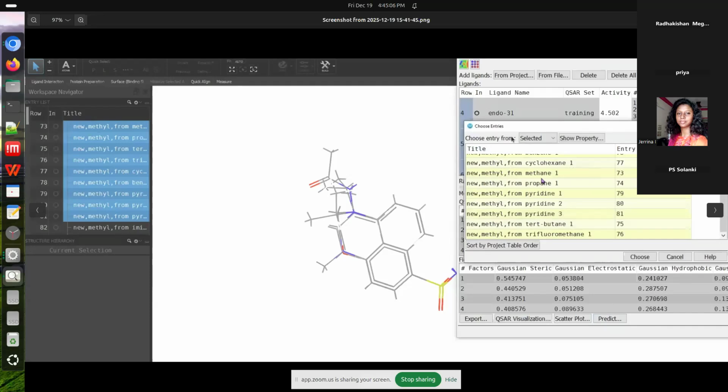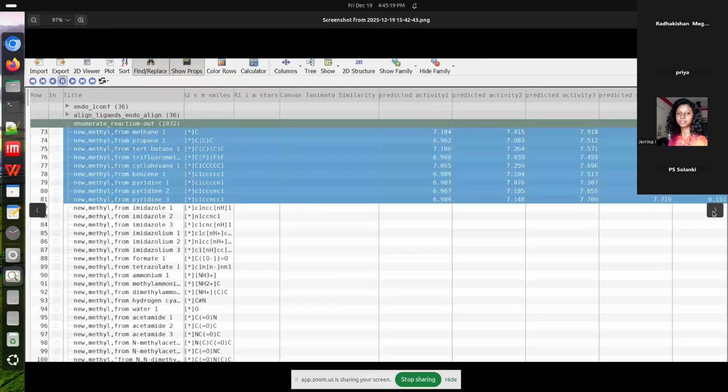And you can just give the selected entries from this field QSAR, and then choose it, and it will appear in this screen. And then you have to do the prediction, and it will give you the predicted activity 1, 2, 3, and 4, because the PLS was set to 4, and it will do the runs four times. And this is how you get the predicted activity values for the unknown molecules also.